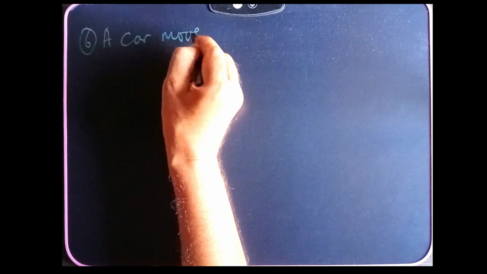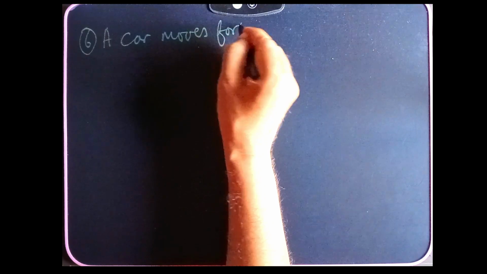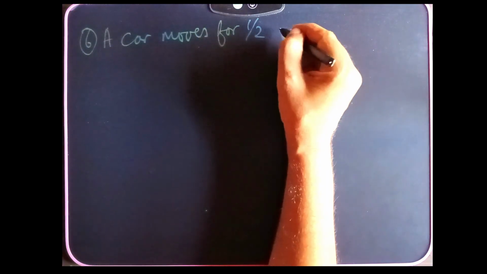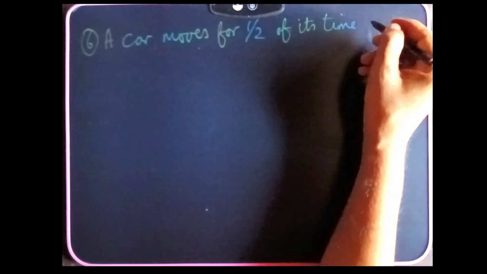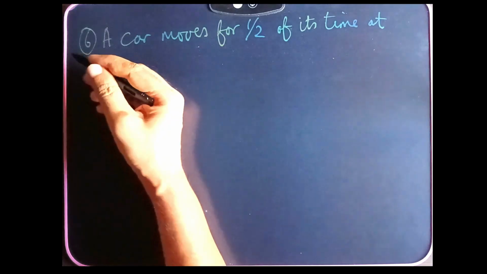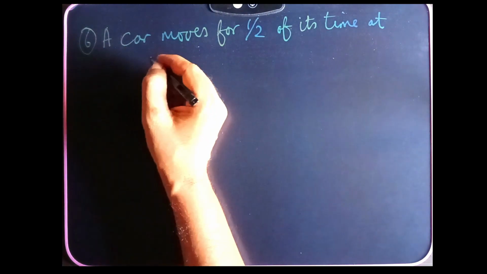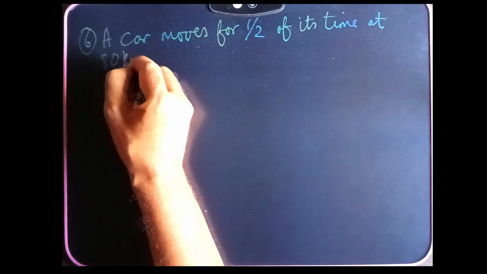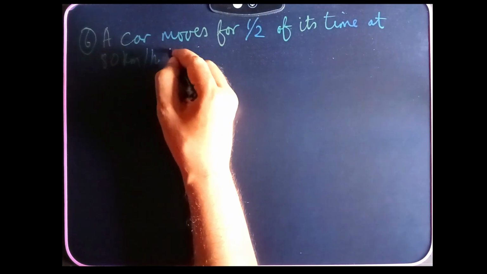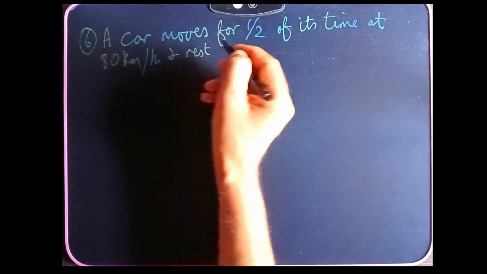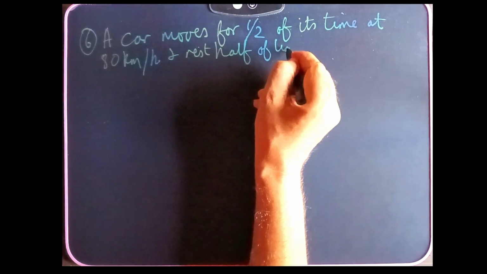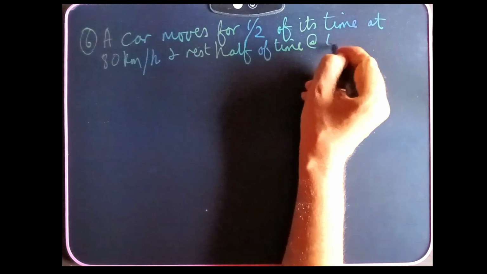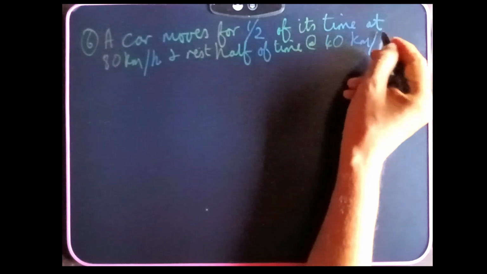So a car moves for half of its time at 80 kilometers per hour and the rest half of the time at 40 kilometers per hour.